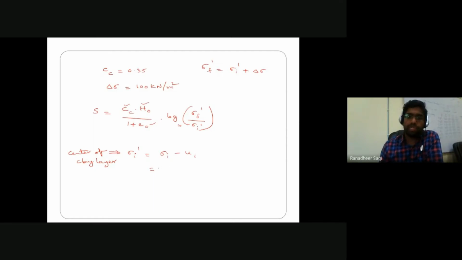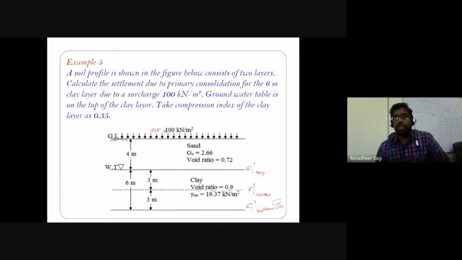Now how do I write down the initial total stress? For calculating it, I should know the unit weight of each of the soil strata. Sandy soil, what is its unit weight? The water table exists only from the top of the clay layer, so the sandy soil strata is a dry strata.